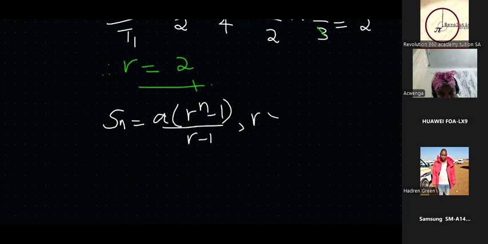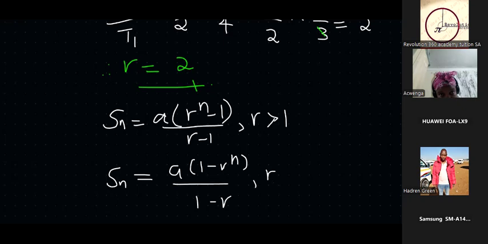We also have another one that says Sn equals a into 1 minus r to the exponent of n, close bracket, over 1 minus r. Use this one when r is a fraction, the likes of 1 over 2, 1 over 5, 1 over 3, when r is less than 1.